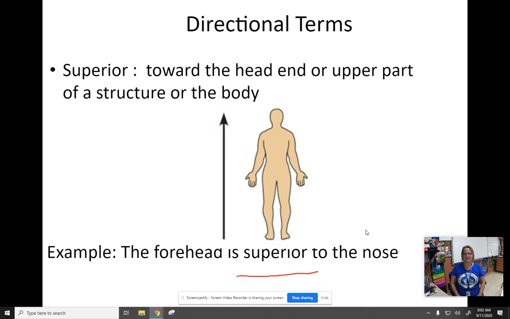So I want you to stand up and I want you to assume anatomical position. And you can see that on the figure on the person that is on the screen on our PowerPoint. I'm going to stand up, and it's not going to show you my whole body, but it's standing with your hands facing out. So your thumbs should be facing this way.